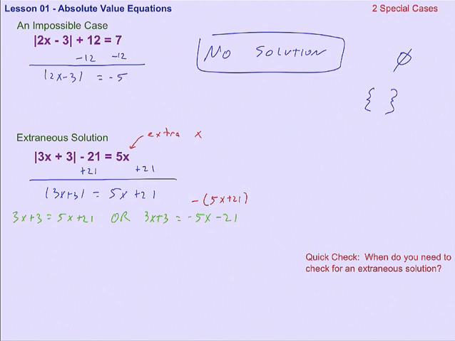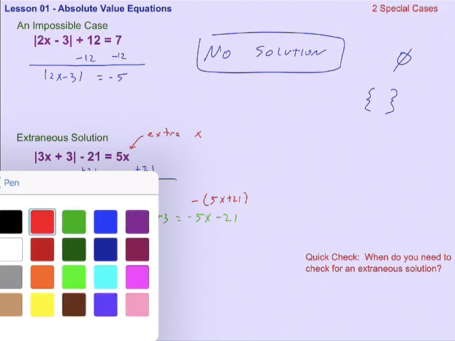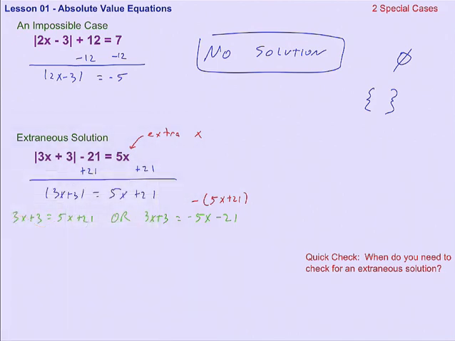So do be careful when you start having expressions across from the absolute value that are more than one term, because you do have to be careful about when you separate and when you take the opposite of one side. From there, we're going to solve, just like before. You might remember from Algebra 1, when you've got x's on both sides, the first thing you're going to do is move them around so you can isolate the x's.